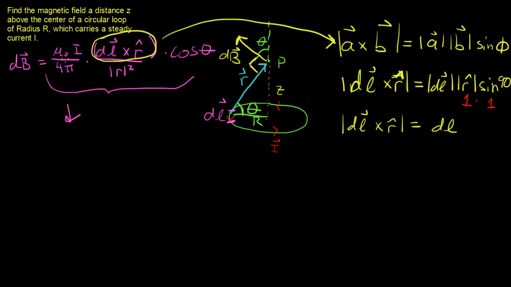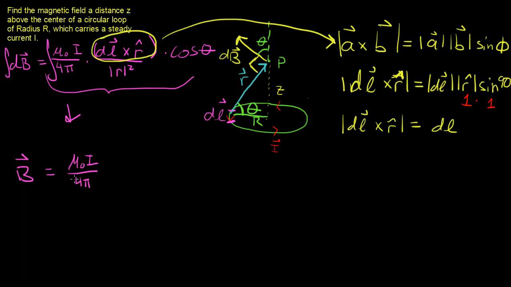We're going to write dB out using all the substitutions that we've just found. So B now, because we're taking the integral over all of the dB's, is equal to, taking out all the constants, 4 pi.